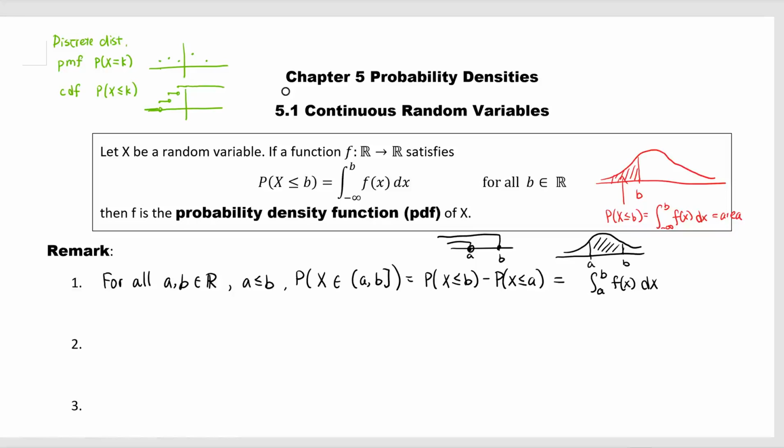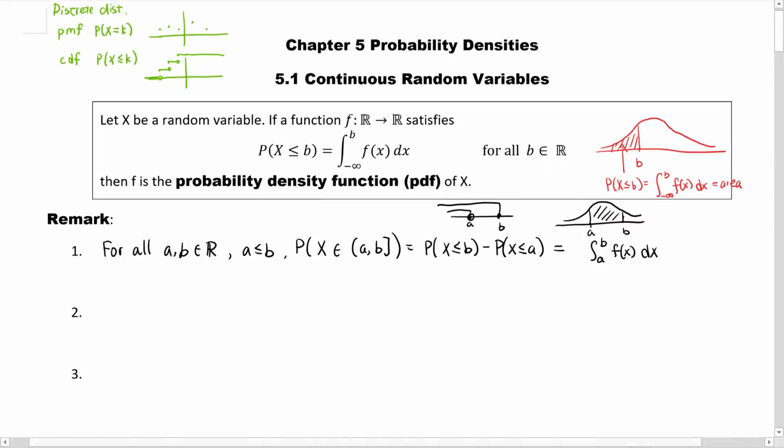In Chapter 4, when we work with discrete distributions, we use sums, like the mean and variance, where we sum all the values x times the probability of x. In Chapter 5, for continuous random variables, we use integrals. So discrete, sum; continuous, integral.